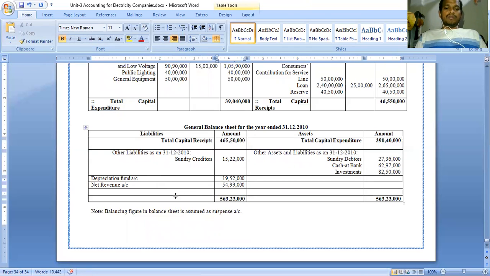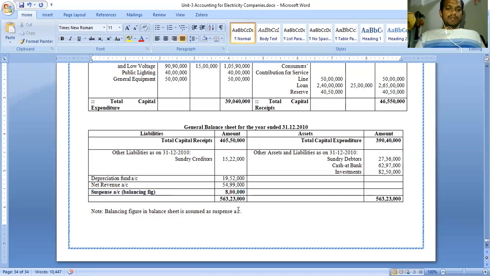So if any such kind of balance appears in the balance sheet, we'll just mention it as a suspense account. So it comes around 8 lakhs rupees.